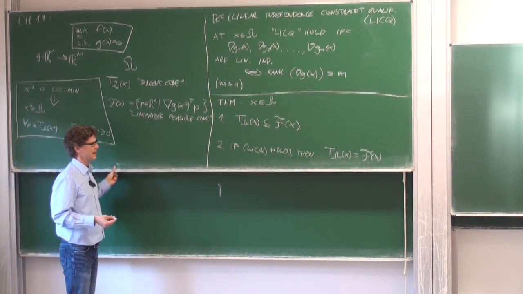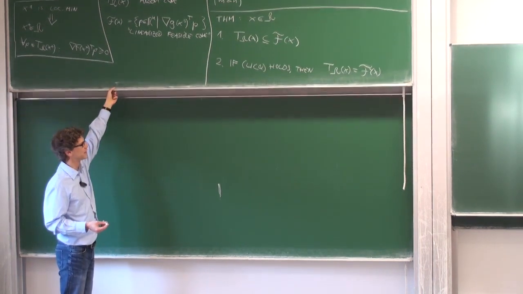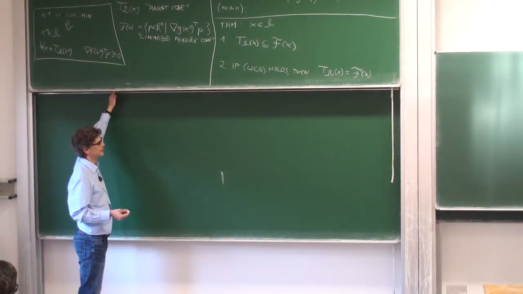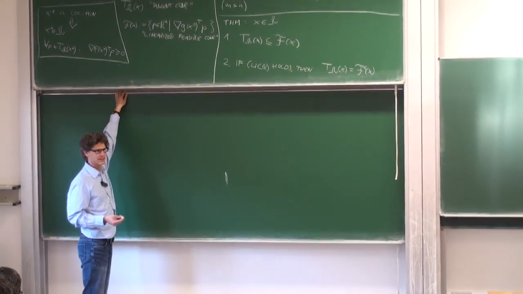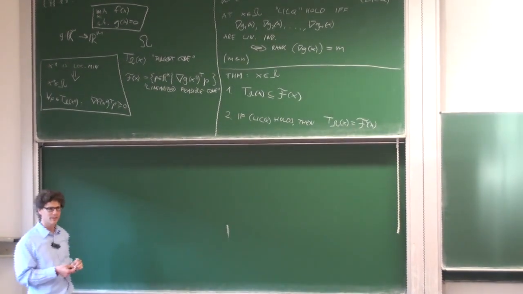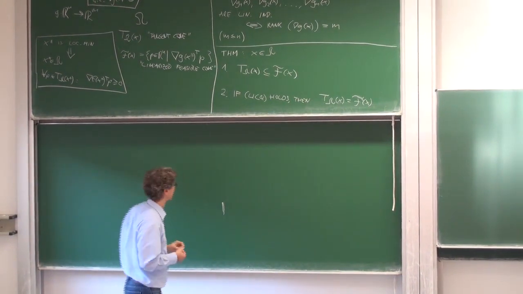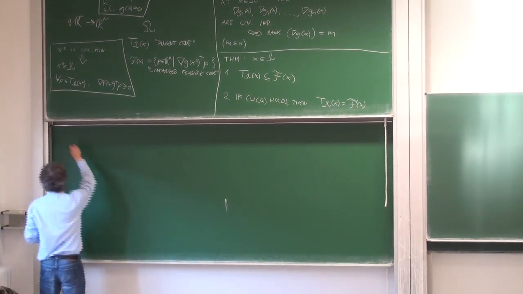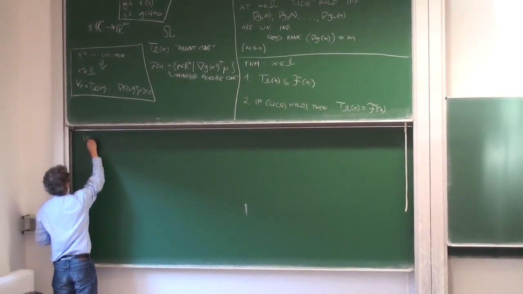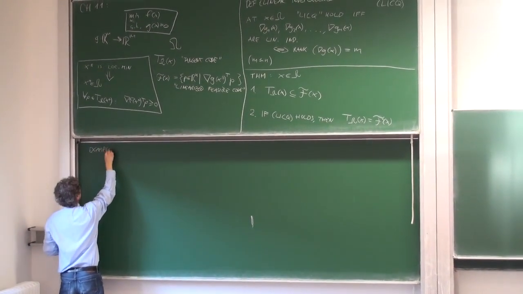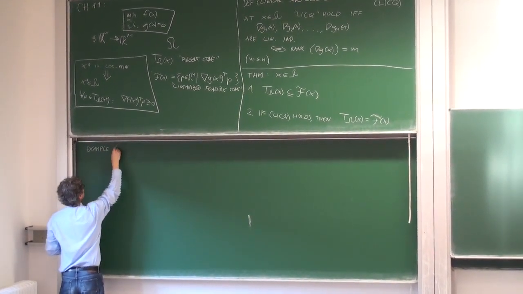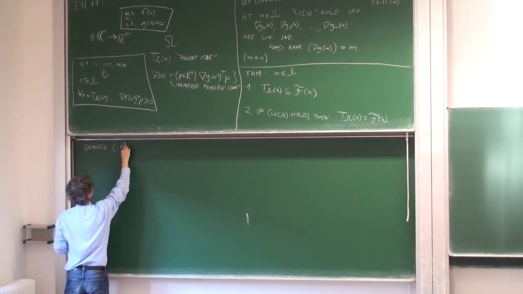Maybe before I start to prove that, I want to give one little example so that you get the feeling that these two things are not usually the same, and that they can sometimes not be the same. So I just want to give one nasty example where these two sets are not equal.